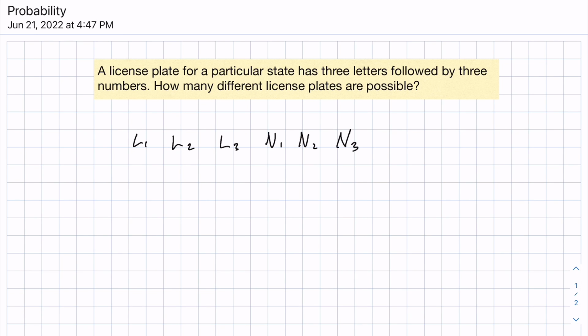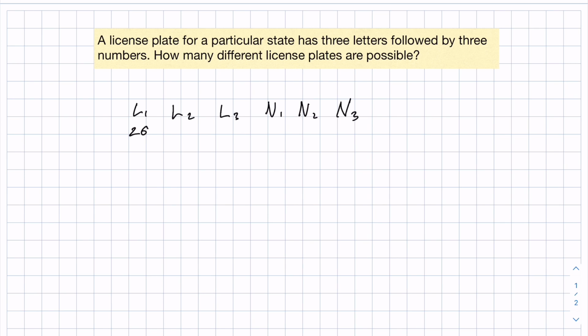What we have to do is multiply all the possibilities for these. The number of possible letters would be 26, because there are 26 letters in the alphabet. And then this would also be 26. This would also be 26. And then possibilities of numbers would be 10, because it can go from 0 to 9. And that would be the digit that they have in the license plate.